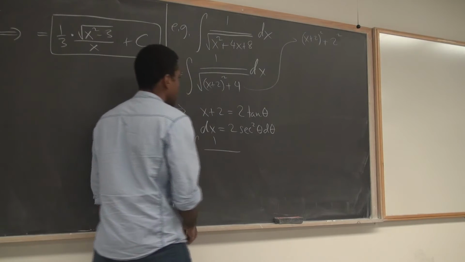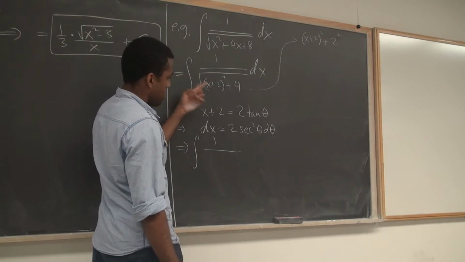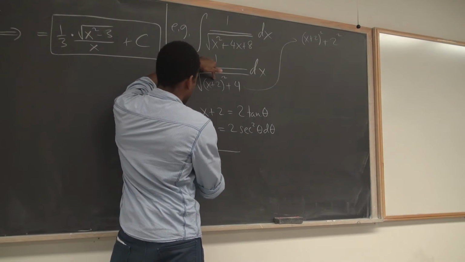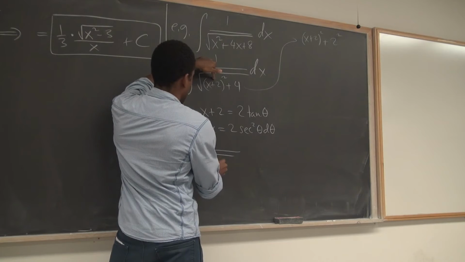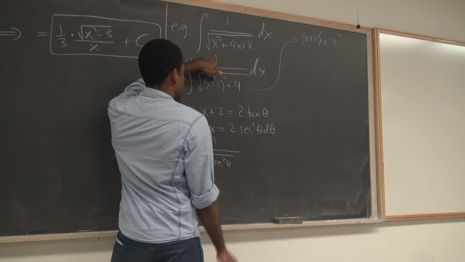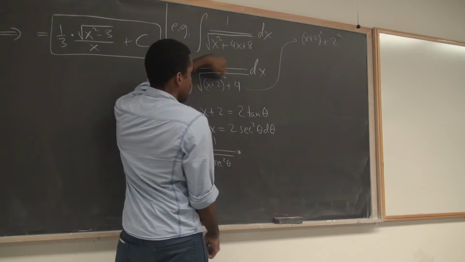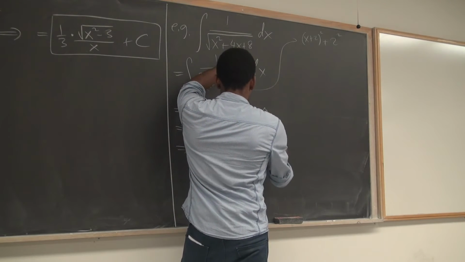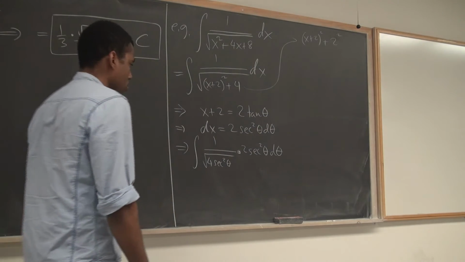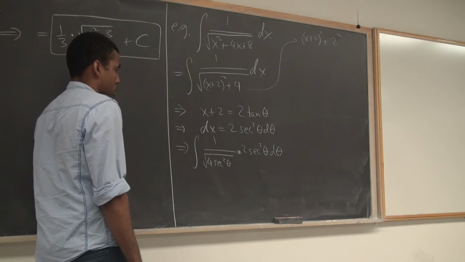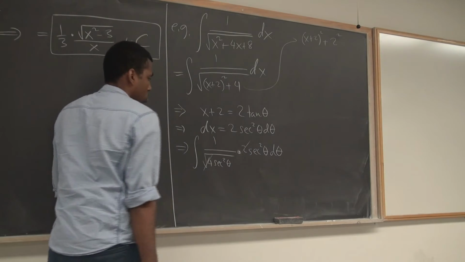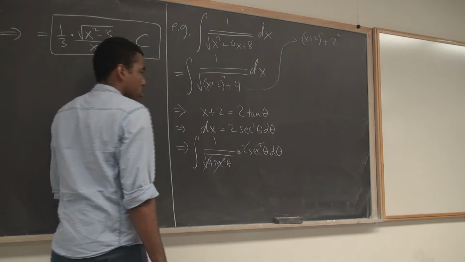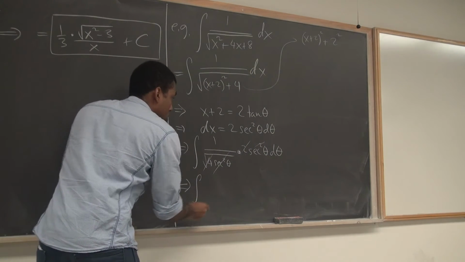This becomes the radical of 4 secant squared theta, times the dx, which is 2 secant squared theta. The radical of 4 is going to cancel the 2. Then one secant is left, which is going to cancel one of those. So I just end up with the integral of secant.